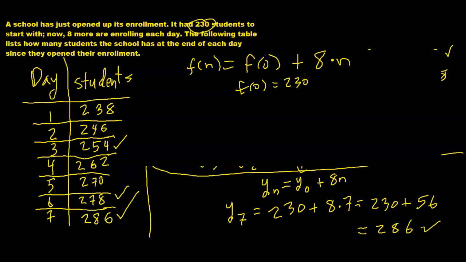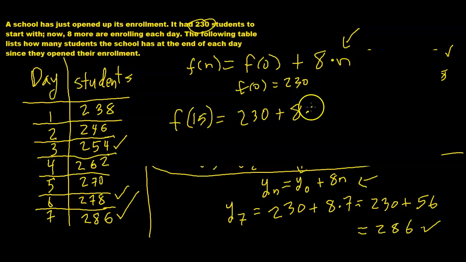And the real benefit of writing it like this or like this is that if you want to find the value of some term in the sequence, you don't need to know the value of the term immediately before it, right? Like if we wanted to know how many students there would be if this school ended its enrollment period after, let's say, 15 days, we can calculate f of 15, and we don't need to know what f of 14 is. We don't need to know what the value of the last term is. We can just plug it into this formula. Your initial value, 230, plus 8 times 15.